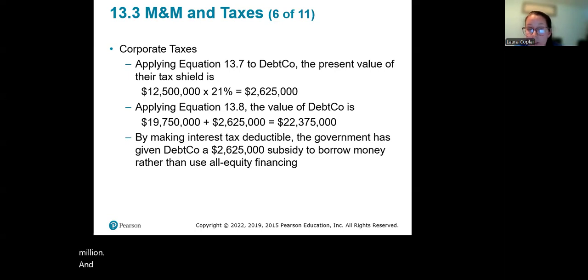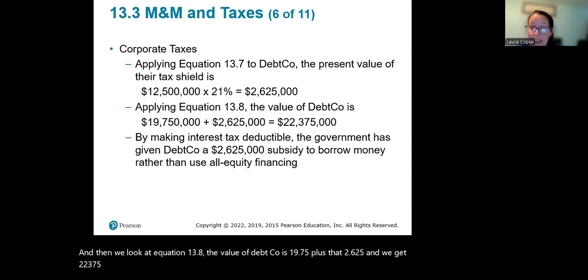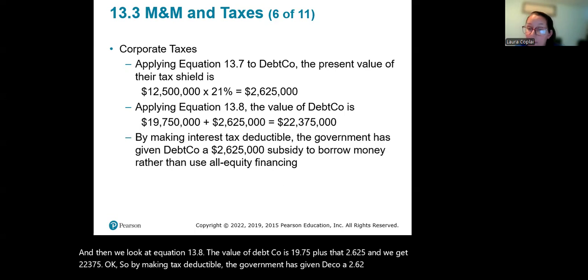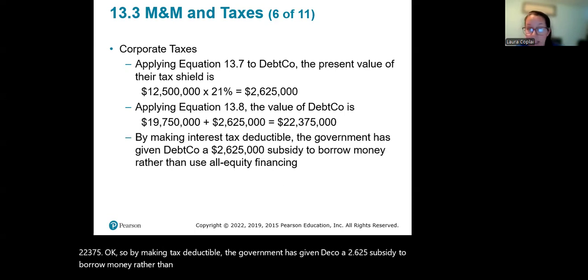And then we look at equation 13.8. The value of DebtCo is 19.75 plus that 2.625, and we get 22.375. Okay. So by making interest tax deductible, the government has given DebtCo a 2.625 subsidy to borrow money rather than use all equity financing.